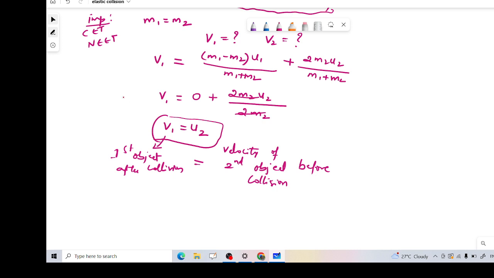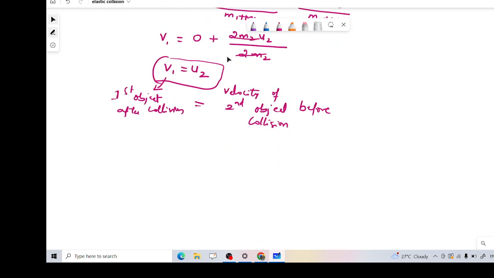And similarly, for the second equation, that is v2 is equal to what? This v2 is equal to 2 m1 u1 divided by m1 plus m2, plus m2 minus m1 into u2 divided by m1 plus m2.